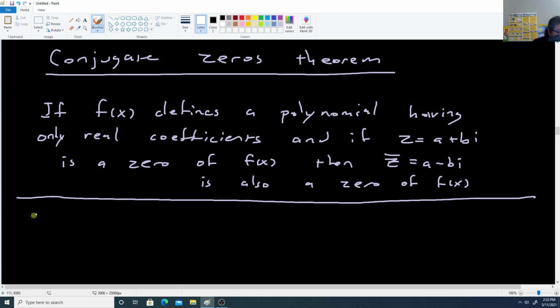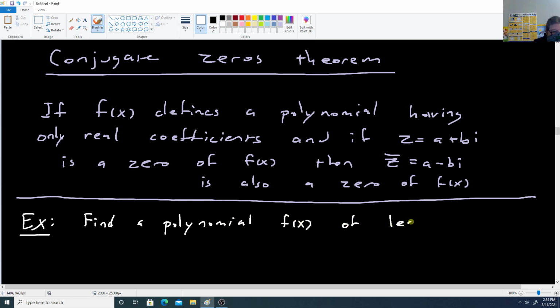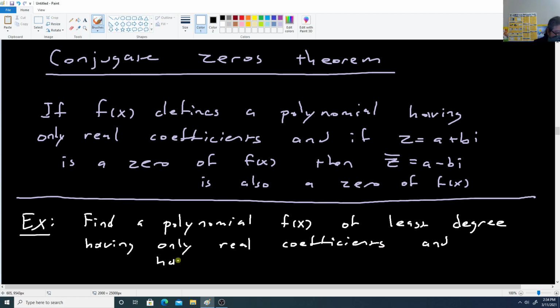So next example, they want us to find a polynomial called f of x of least degree having only real coefficients and has zeros at 3 and 2 plus i.